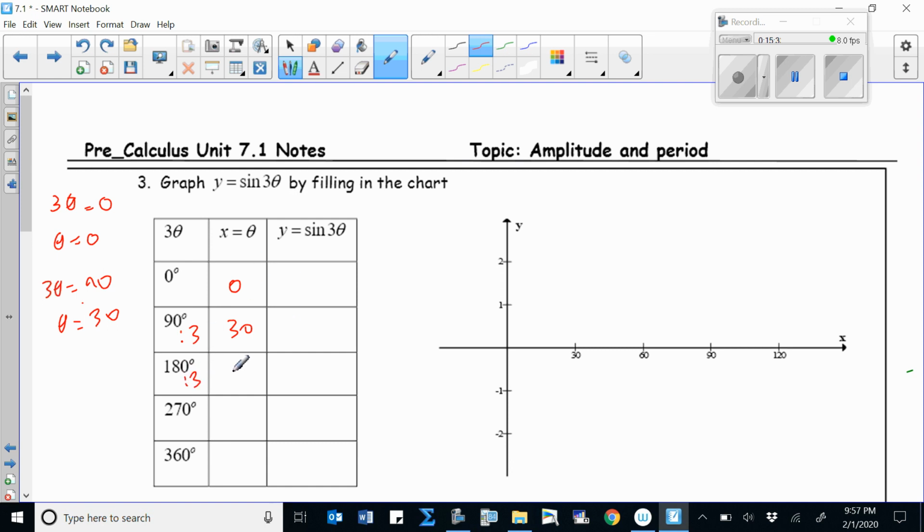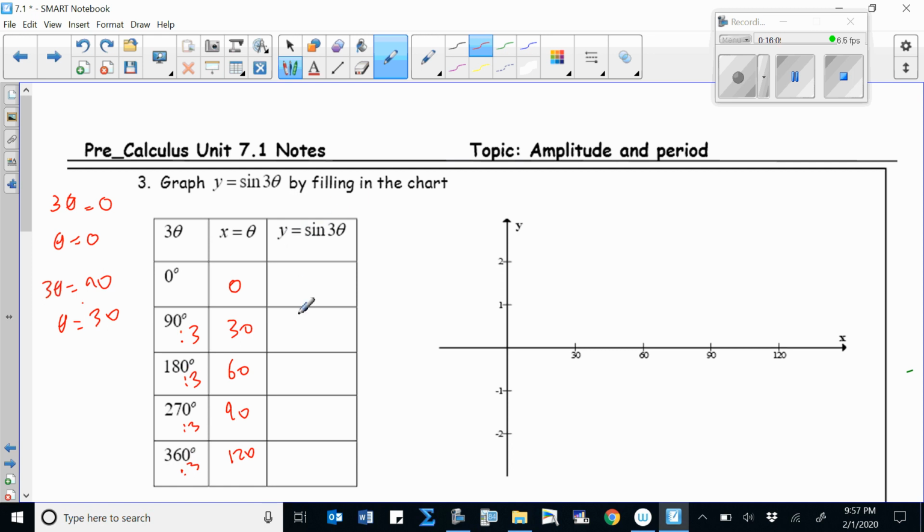So this divided by 3 is 60, divided by 3 is 90, divided by 3 is 120. So if we are trying to find these angles, basically the x values on the x-axis are these values. So these points will be our critical points. We will see that they are going to be our critical points now.